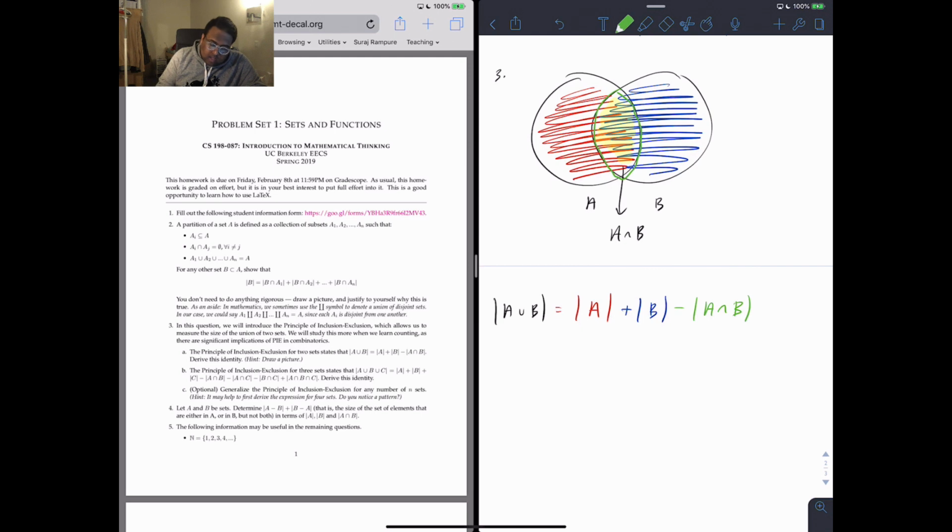Okay, so the final result is that the cardinality of the union is the sum of the cardinality of A and the cardinality of B minus the cardinality of the intersection. And this counts every single piece of this Venn diagram exactly once.